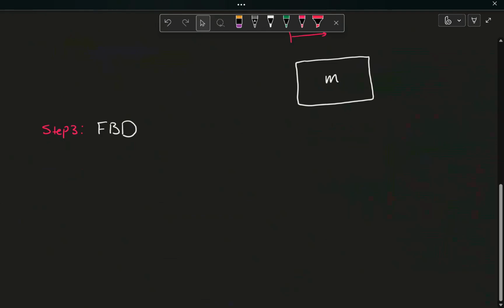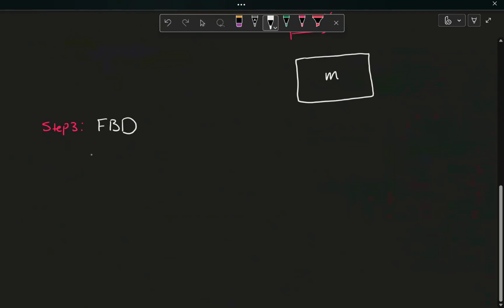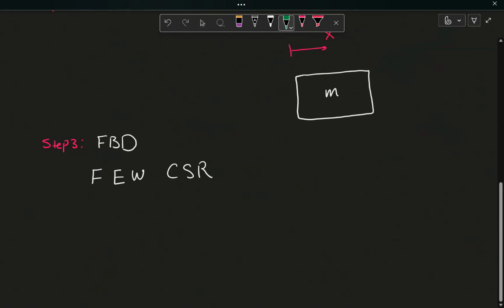For the free body diagram, I would look at VCSR: again, friction, external, weight, contact, spring, rope. Let's start with the friction. We have done this twice already. I have a viscous damper, I have a dry friction. The magnitude of the viscous damper friction would be B x dot.